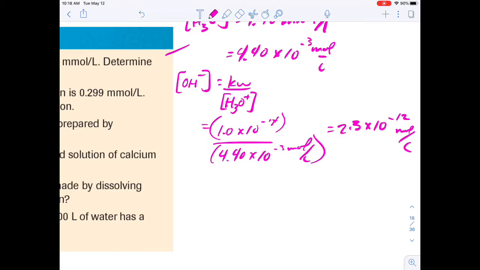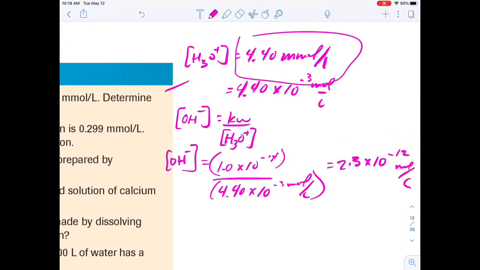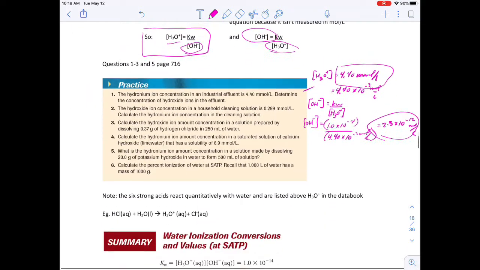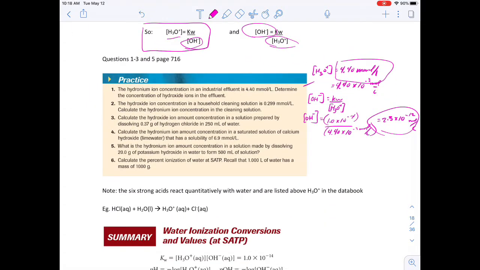And so that would be the concentration of hydroxides in this acidic solution. You can see that it's acidic, it's got more hydroniums, so we're going to expect a fairly low concentration of hydroxides. So that makes sense. I'll let you do question 2, but let's take a look at one that's a little bit more tricky.